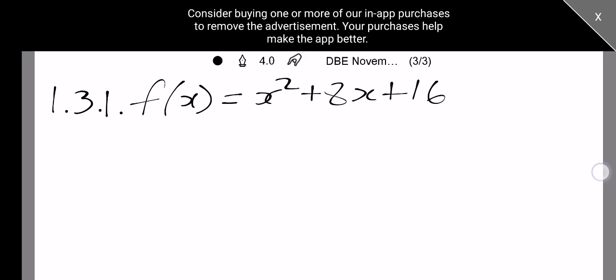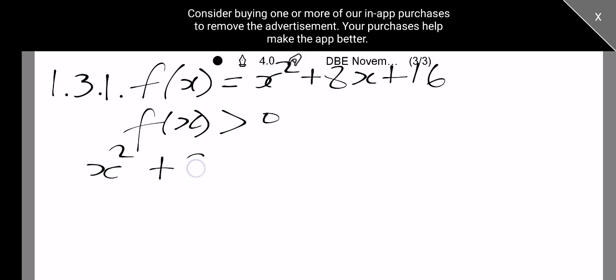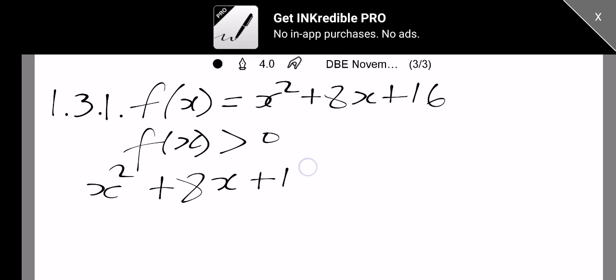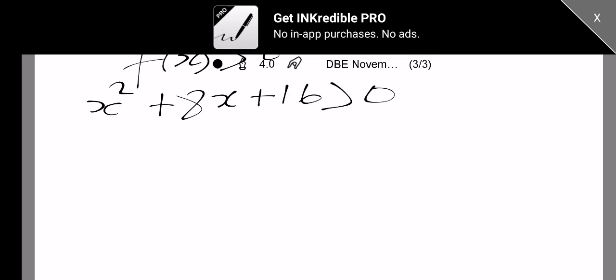Now the question says solve for the values of x for which f of x is greater than 0. So we're going to say x squared plus 8x plus 16 is greater than 0. Now we've got it in standard form. That means we can factorize.